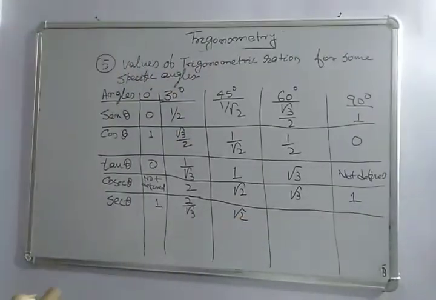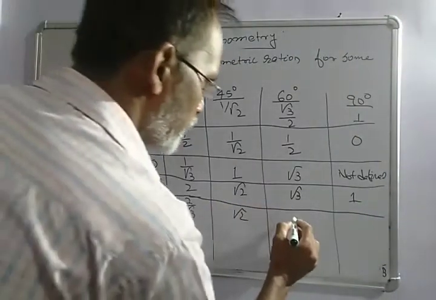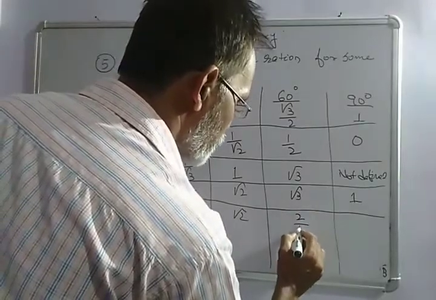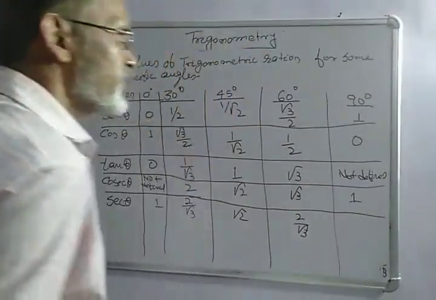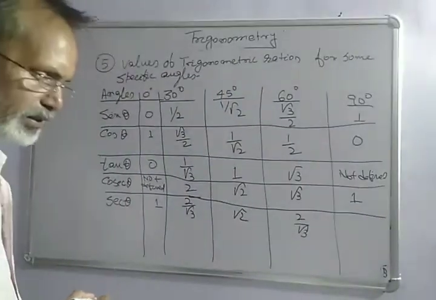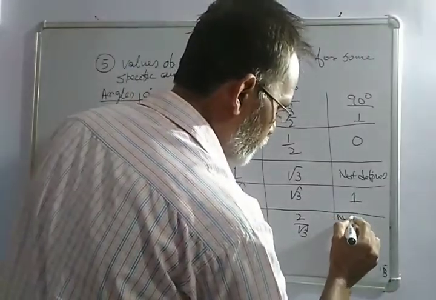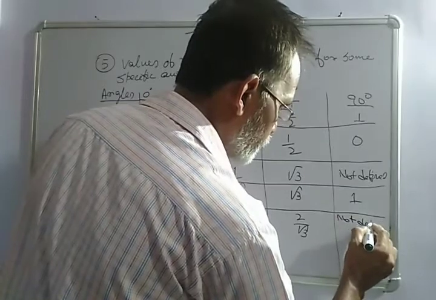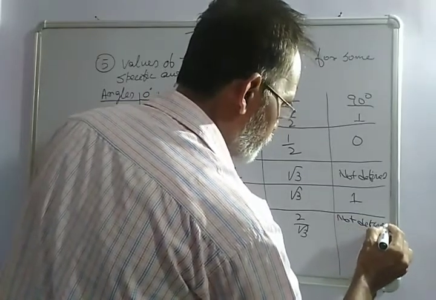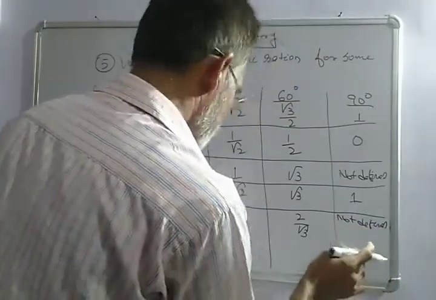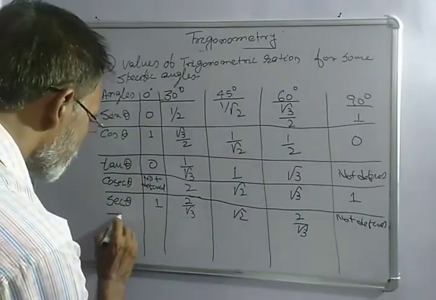Then sec 60 is equal to 2 by root 3. And then sec 90 is not defined. This is sec.